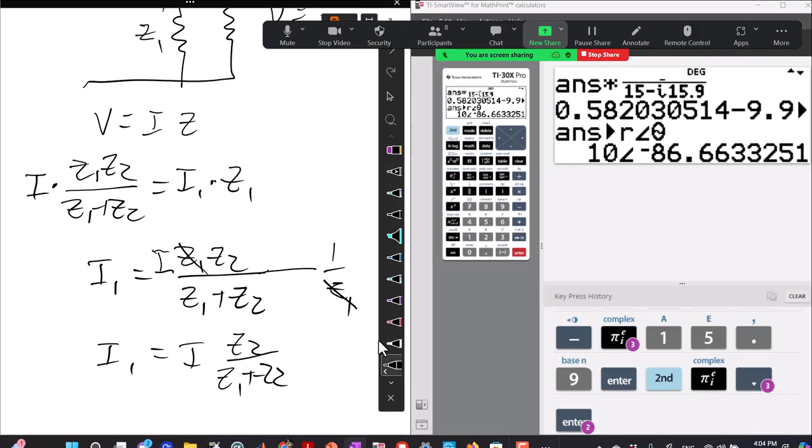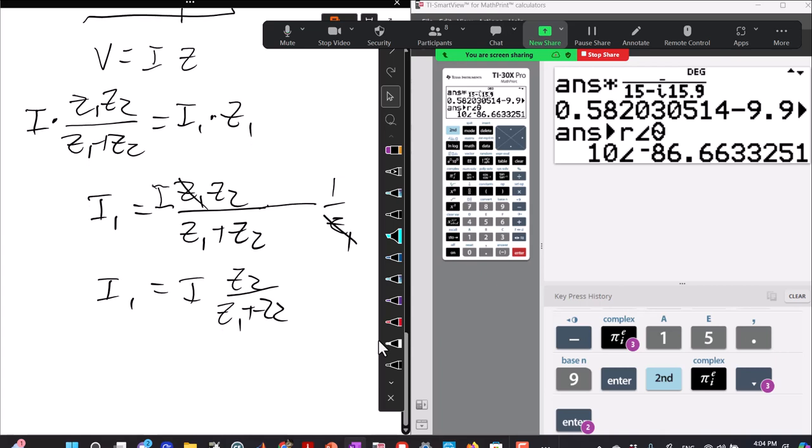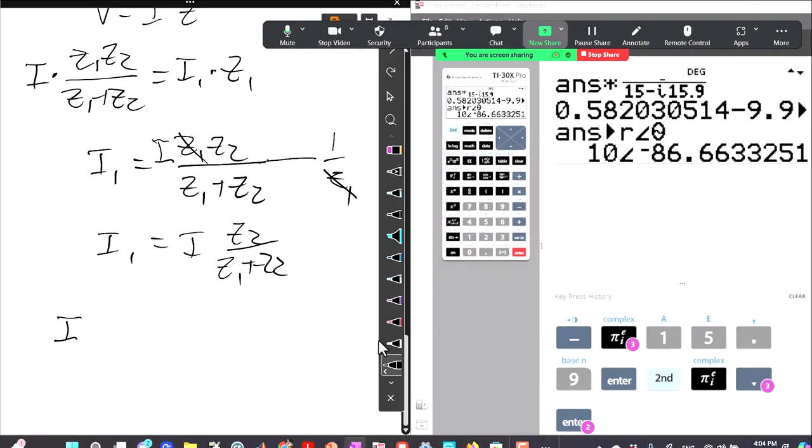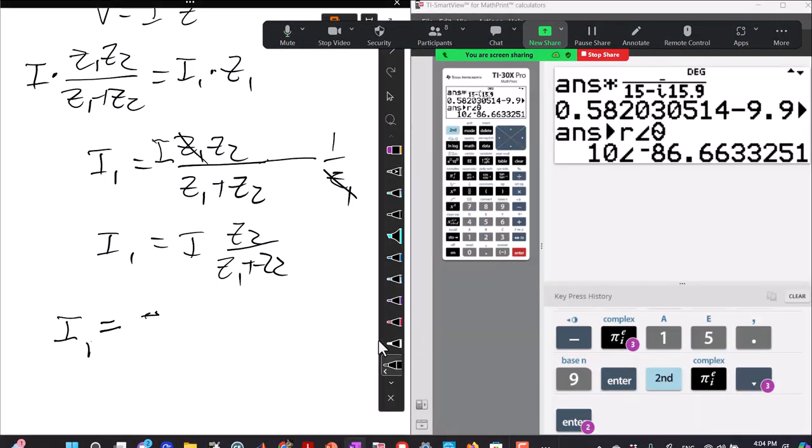But if I didn't solve for I1 right there, I just showed that they were equivalent, but now I could write this as I1 equals the equivalent impedance.